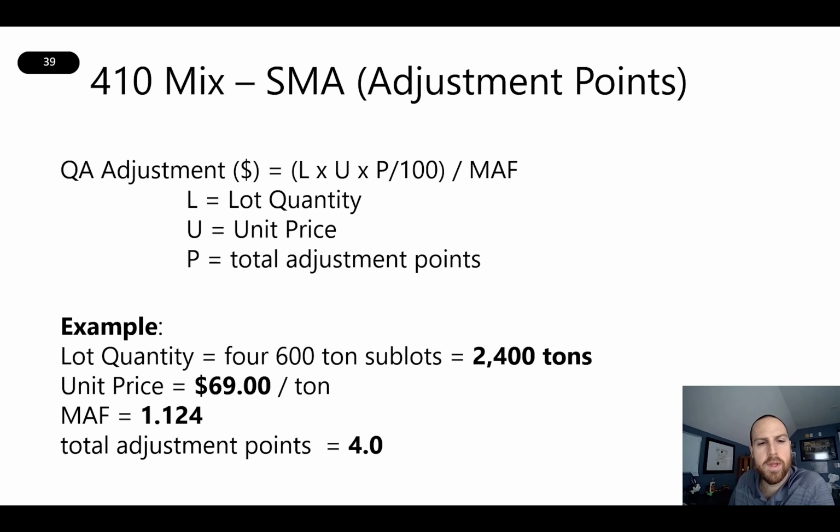Let's assume there are 4 600-ton sublots, or 2,400 tons. The unit price was $69 a ton, and the MAF was 1.124. We've already calculated the total adjustment points of 4.0.